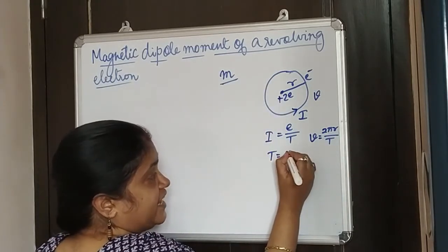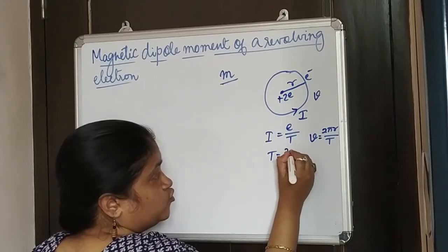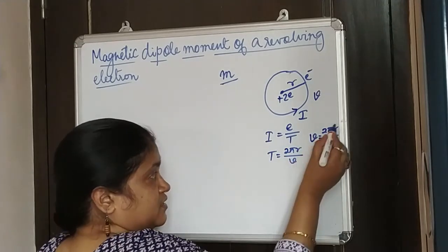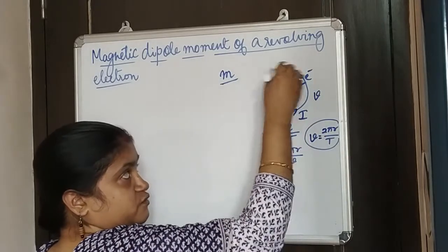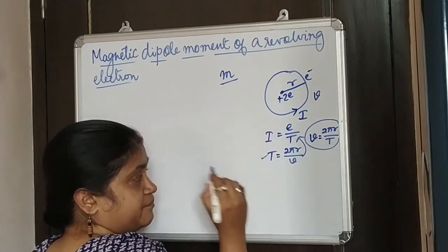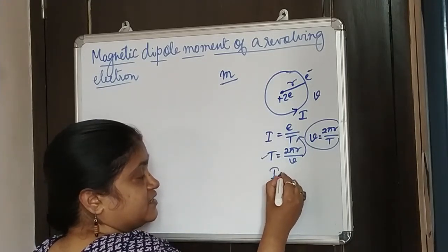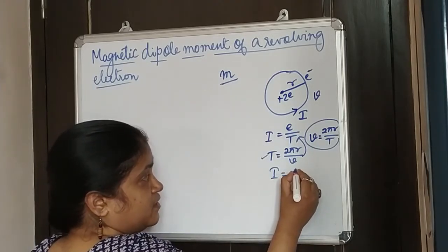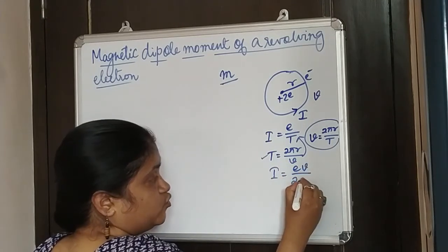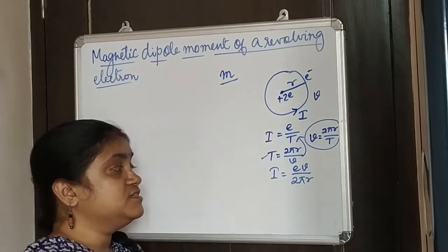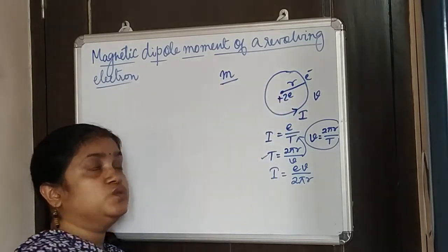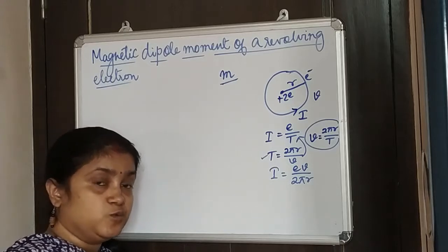So T we can calculate as 2 pi r by v. This is the velocity with which they are moving, and this is the time period. Now substitute it back, then I can get the current as eV by 2 pi r. So this is the current that is flowing through this particular current loop.